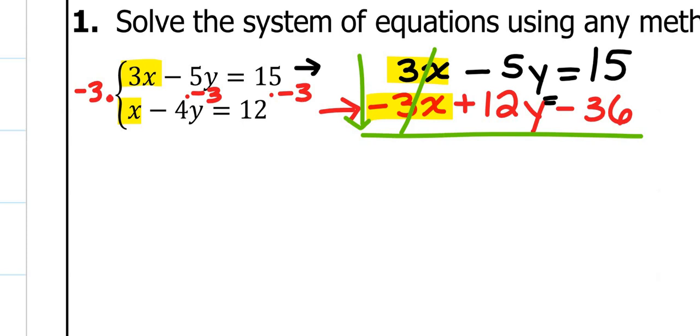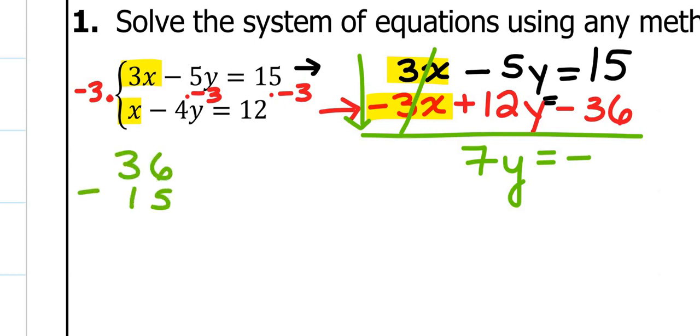Now I have negative 5 plus 12, which gives me 7y positive equals 15 minus 36. I'm going to have a negative, and now let's figure out what negative I'm going to have. 36 minus 15. 5 minus 6 is 1. 1 subtracted from 3 is 2.